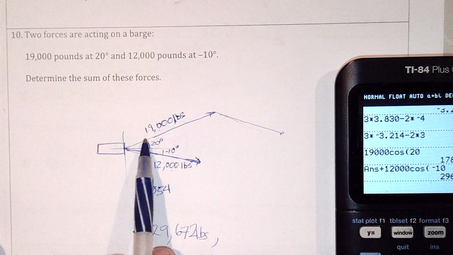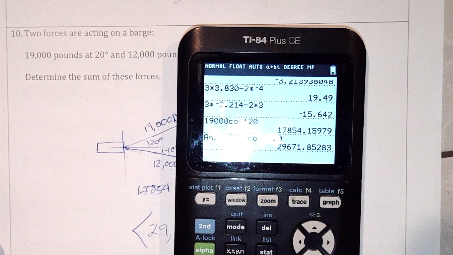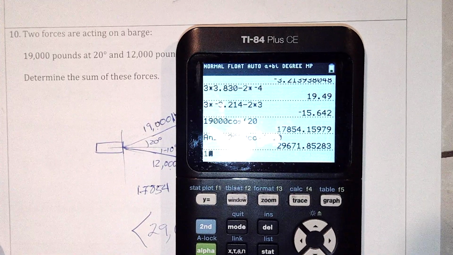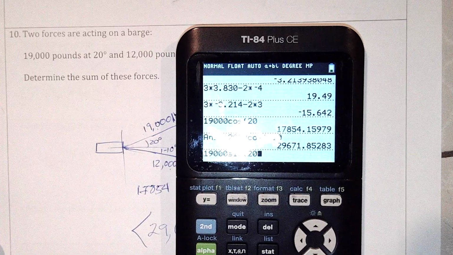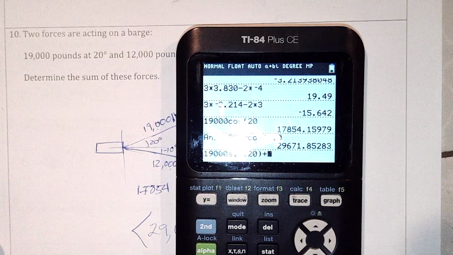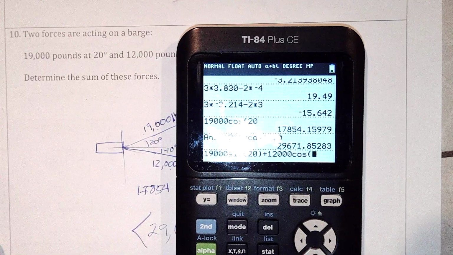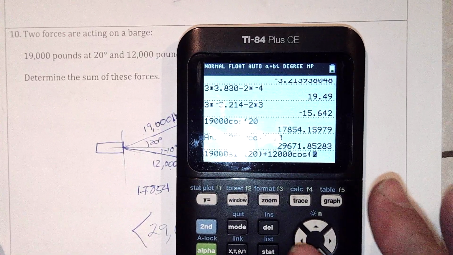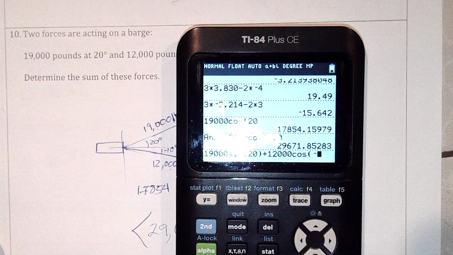And now we'll do the y component of this plus the y component of that. So I'm going to go 19,000 sine of 20 plus 12,000 cosine of negative 10.